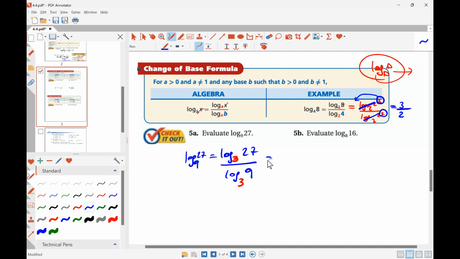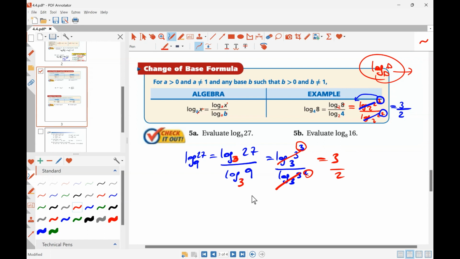So it turns out to be log base 3 of 3 cubed, since 27 is equal to 3 cubed, over log base 3 of 9, which is 3 squared. So using the previous property, you have the same numbers here. They will cancel each other. These two will cancel each other. So I am left with 3 at the top, 2 at the bottom. 3 over 2, 1.5.